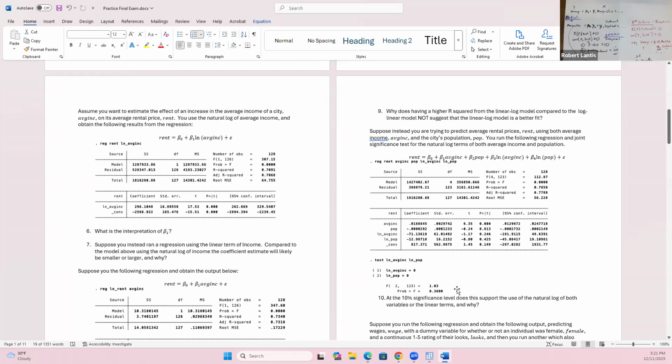Is that going to be less than 0.1, 0.05, or 0.01? So at any of my conventional levels, can I say that I should be including those natural log terms? No, which would suggest what? I shouldn't be using the linear log model. I should be using the linear model, right? So that would be one reason why I should choose the linear model here.